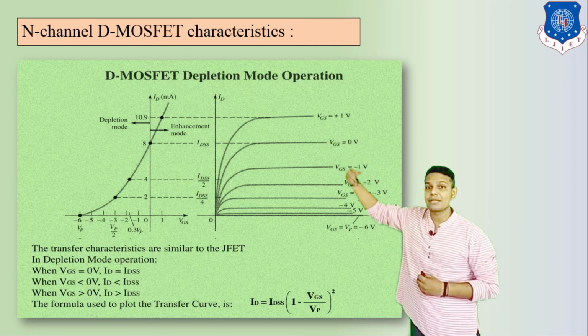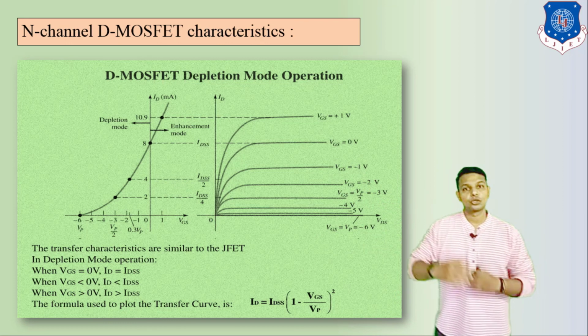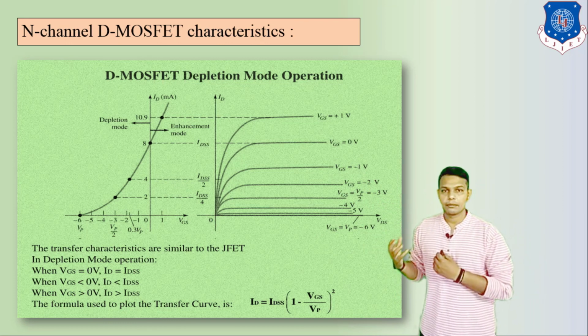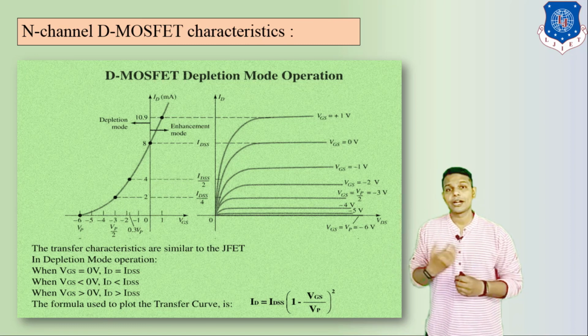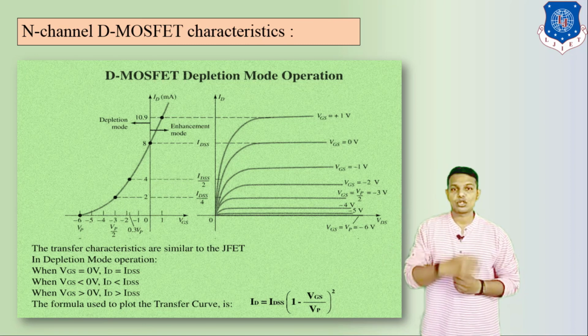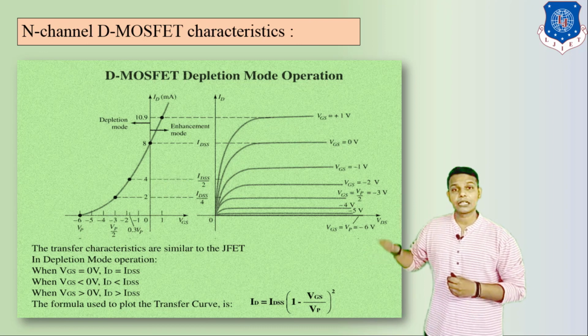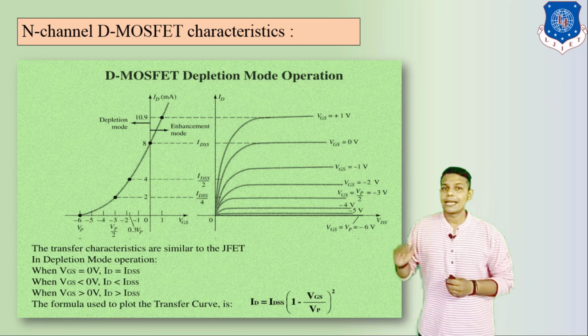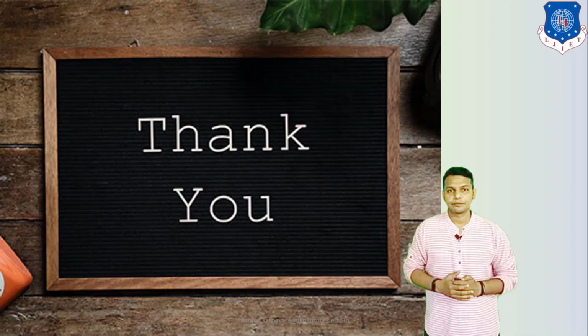It is more than the IDSS. That's why it is known as enhancement MOSFET. We are going to discuss it in the E-MOSFET. So these are the conclusions of the 3 different cases. So this is the N-channel D-MOSFET.